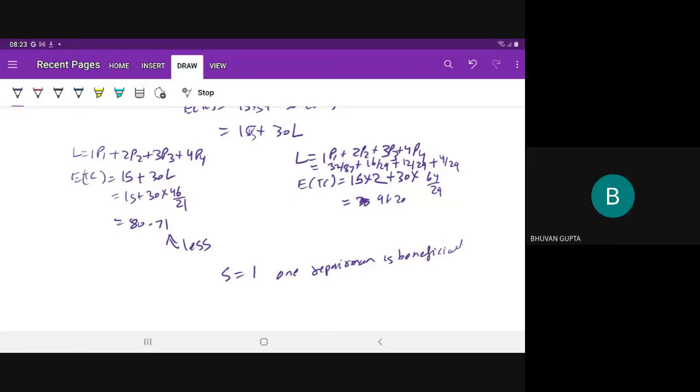Sir, why didn't we consider more than two servers? Actually, they have asked only between S equal to 1 and S equal to 2. They have asked only for these two. Okay, sir.